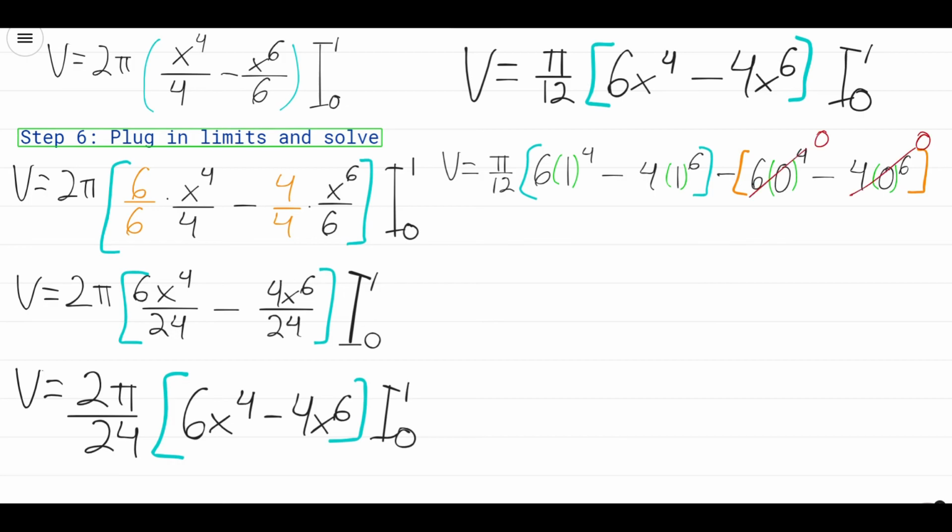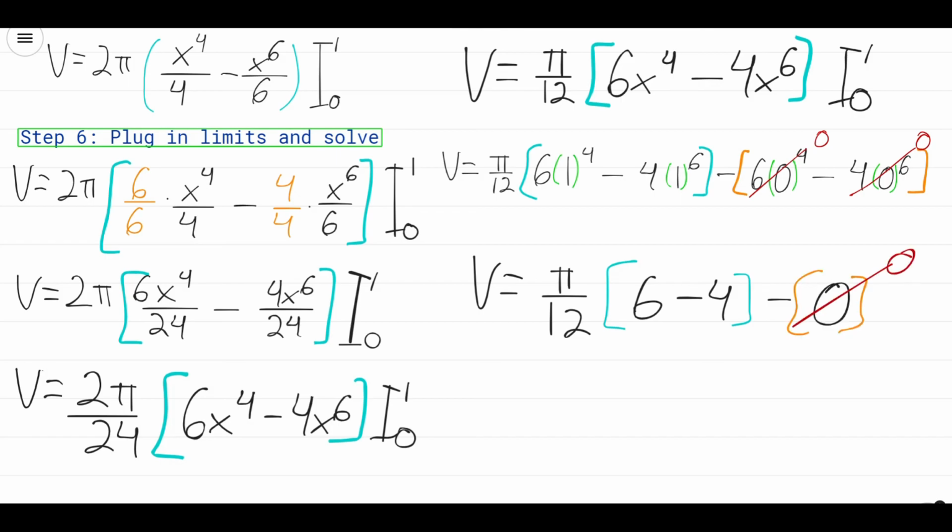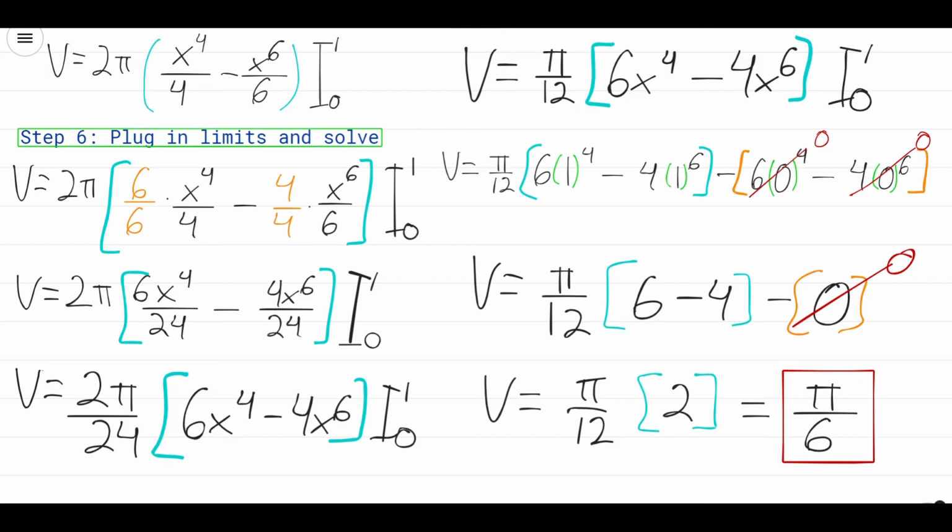And I'm left with the volume is equal to pi over 12, and then 6 times 1 to the fourth power, 1 to the fourth power is 1, times 6, so it's 6 minus 4, and of course minus 0, which that term zeroes out. So we're left with the volume is equal to pi over 12 times 2, which is equal to pi over 6. So that's the answer to this shell method problem.